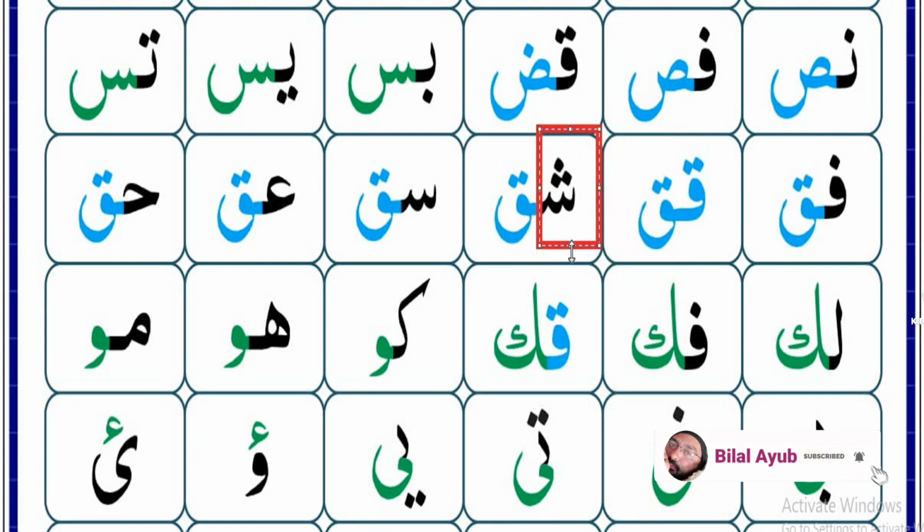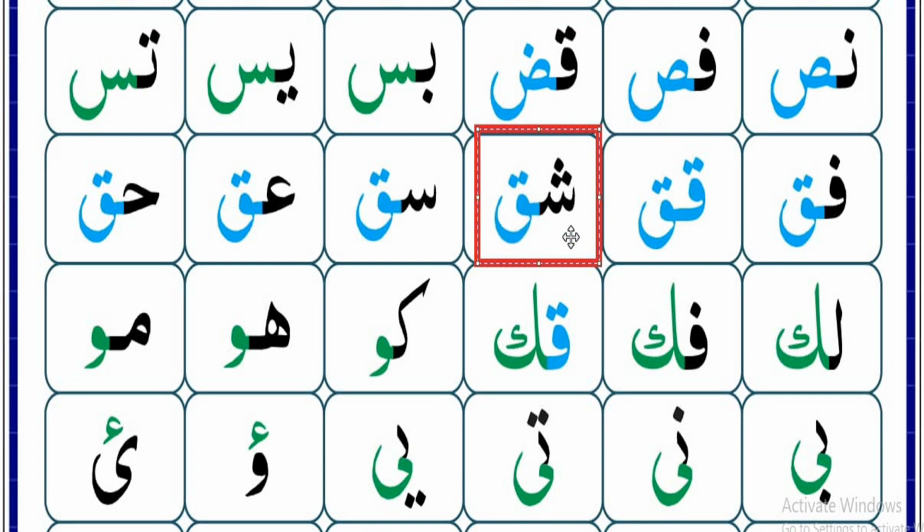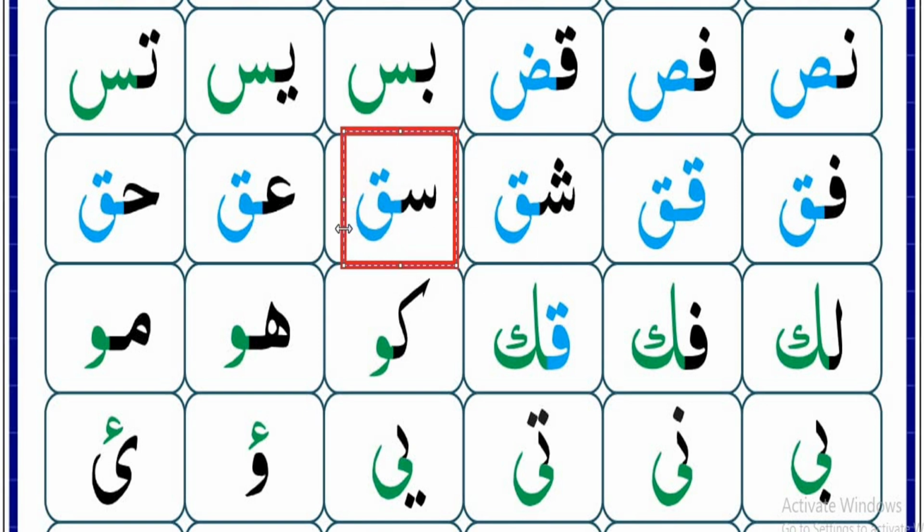And here it is Sheen and Qaf. That is Seen, Qaf. One more time, Ain and Qaf. It cannot be Hamza because it is connected.